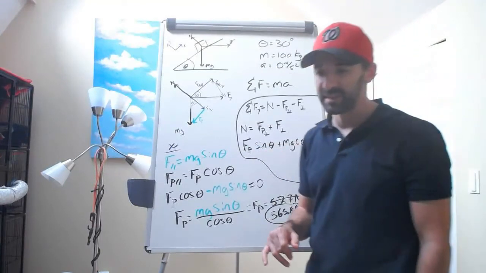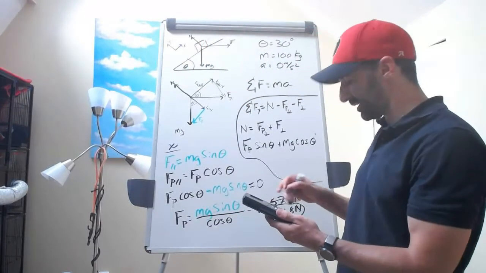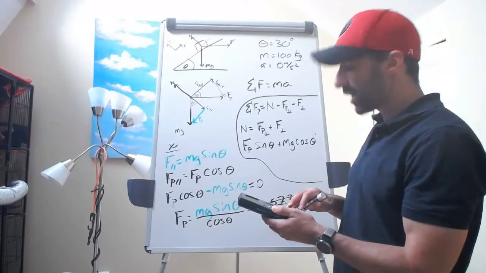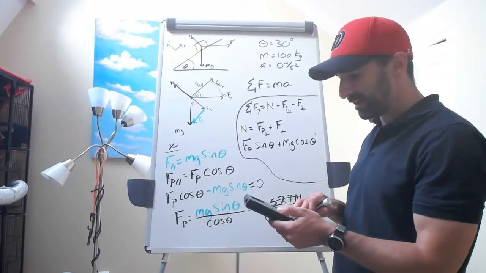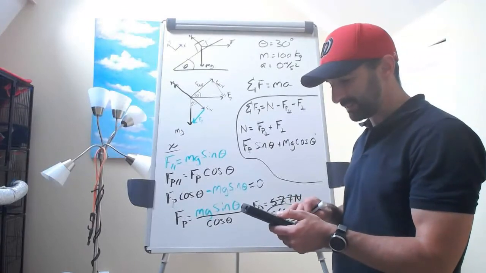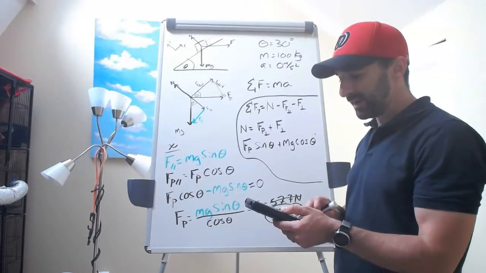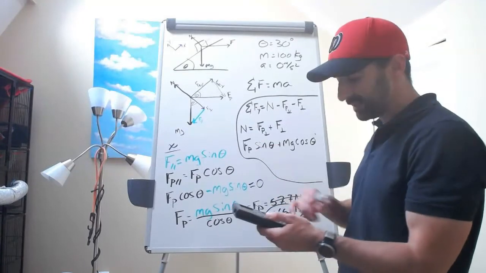I now know what F push is, sine, cosine. I should be able to figure that out. Let me grab my calculator here, and hopefully you know things like sine of 30, cosine of 30, sine of 60. Those are all things that we should have committed to memory. If not, it's okay because obviously your calculator can do them as well.